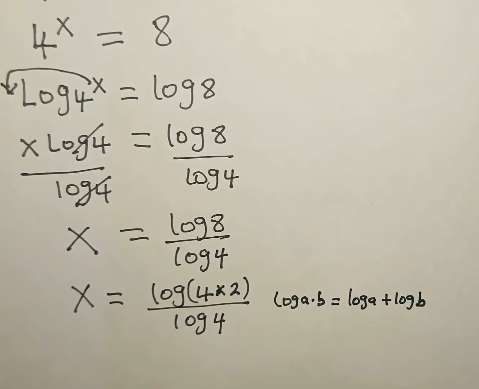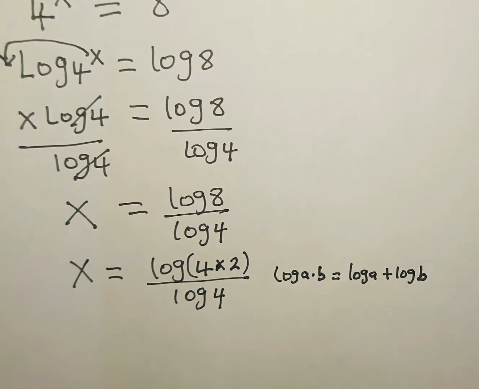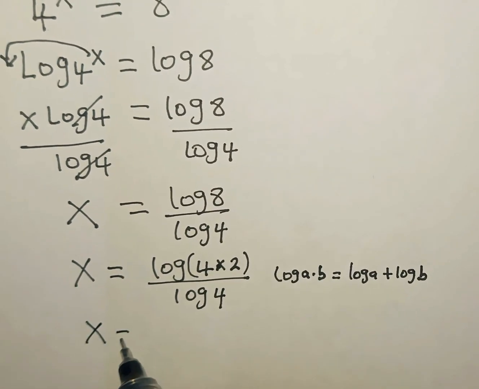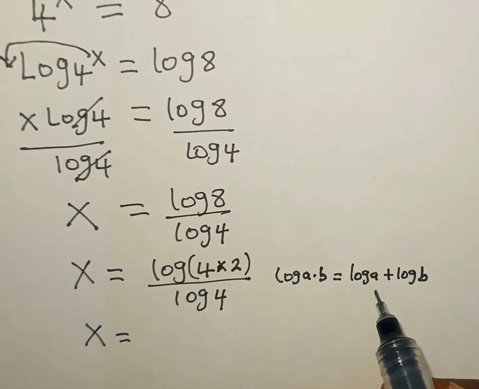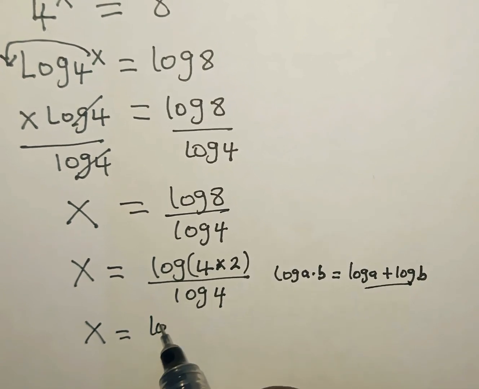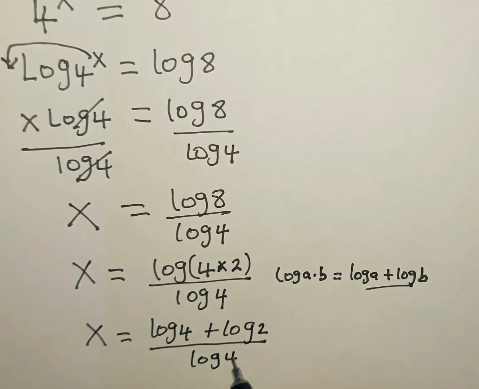So this is one of the properties of logarithm we are going to apply to the numerator, so that we have x equal to log of 4 plus log of 2, then everything all over log 4.